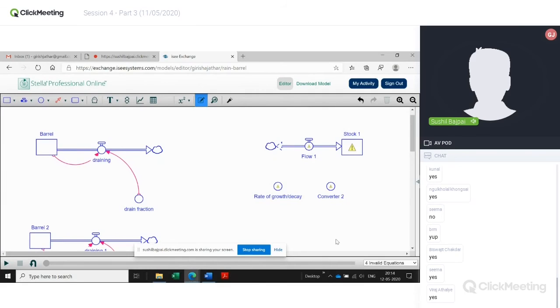Then we call converter two the gap, and we will have to put one more converter above this stock somewhere, and further above the gap, which will be called goal.